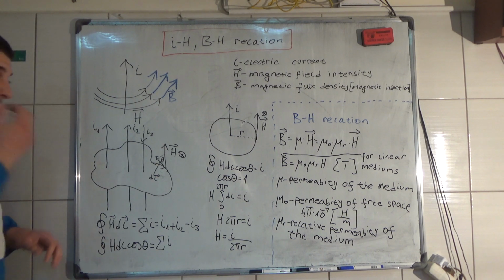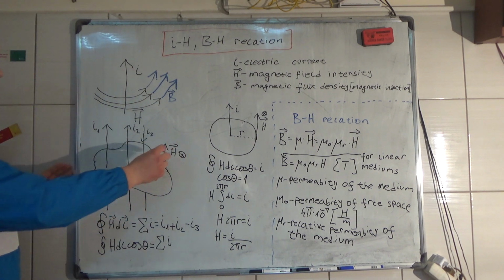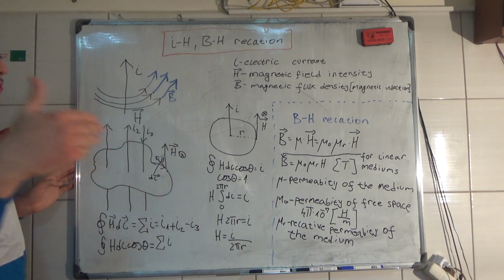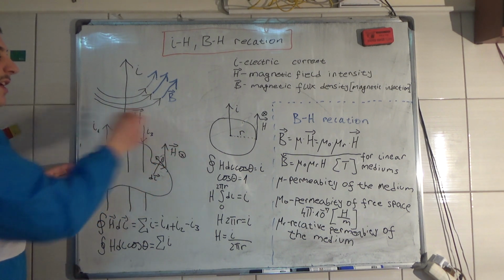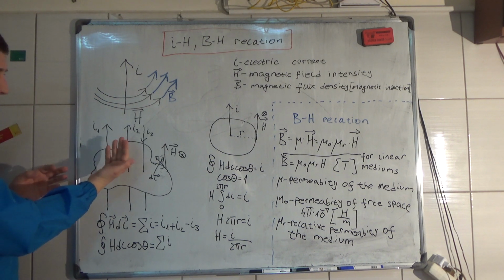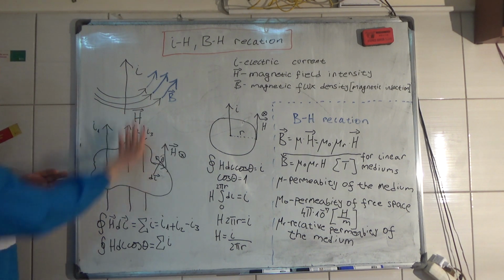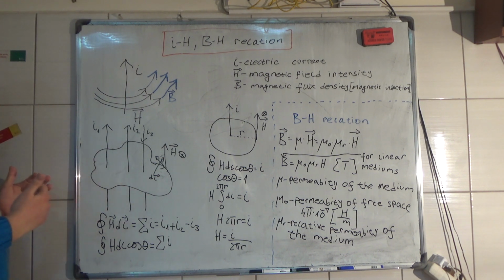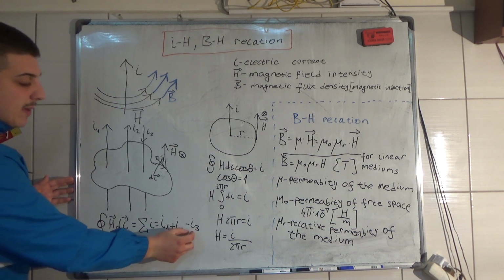How do you know that? Well, look, this H shows that the vector of magnetic field intensity is going towards the whiteboard, and the currents go upward and downward. So how do we know if it is a plus or minus sign?